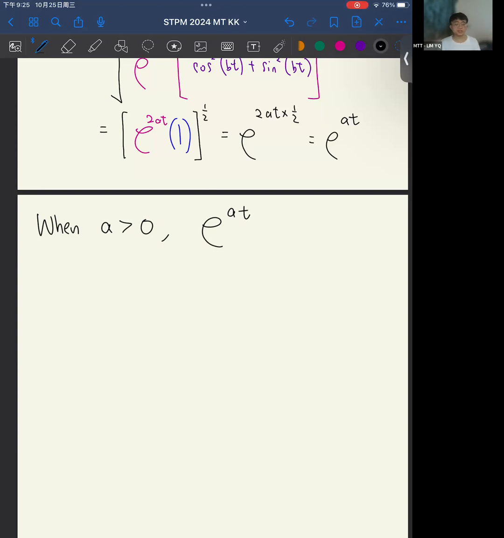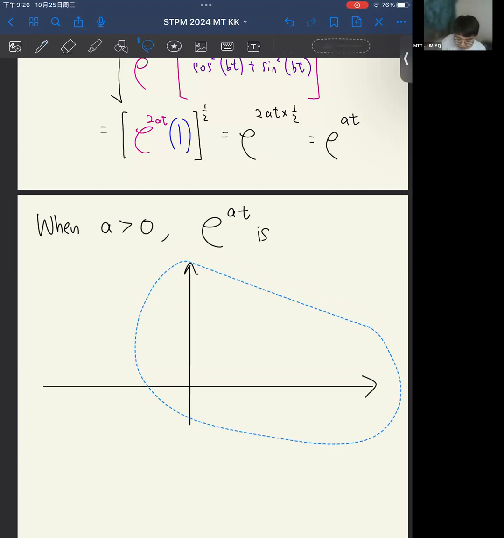When a is greater than 0, do you still remember the shape of it? Maybe we can draw a graph. Remember all these things you can put in your solution. So when a is greater than 0 it is an exponential function, having this graph.